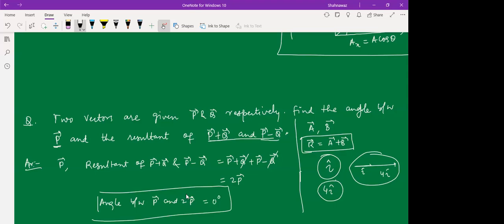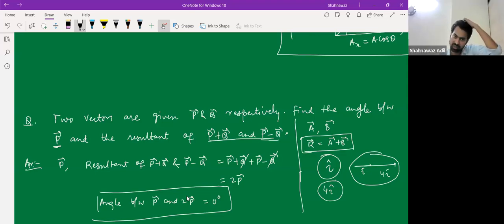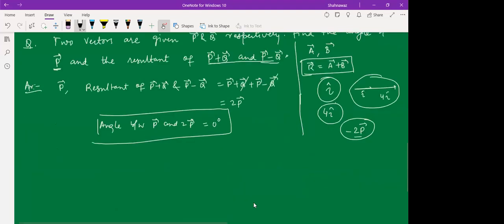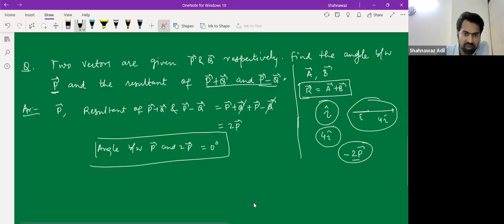Sir, because I thought it is plus resultant minus resultant, so total will be 180 because it will come in a straight line. Oh, so if this is in the opposite direction, if the answer would have been, let's say, minus 2P, then the angle between these two will be 180, right? Yes, sir. Okay, so now let us do one more question.